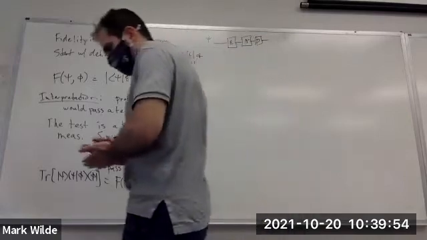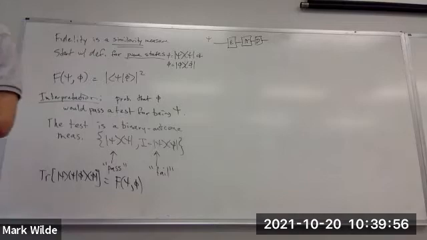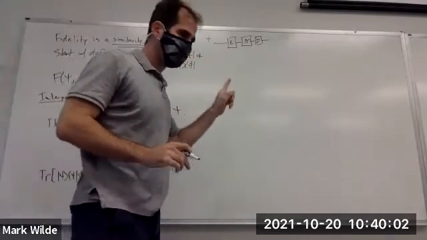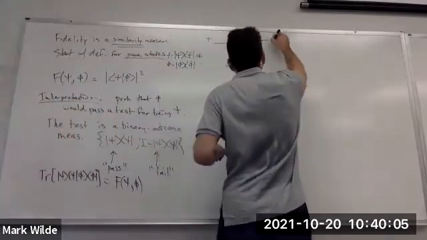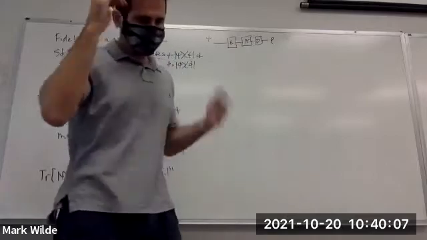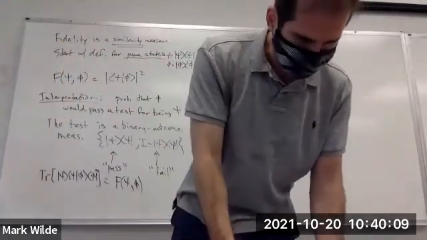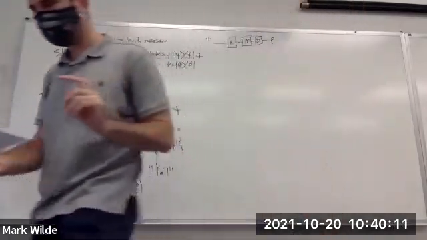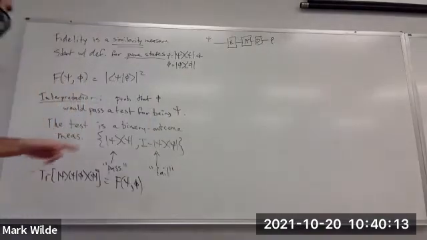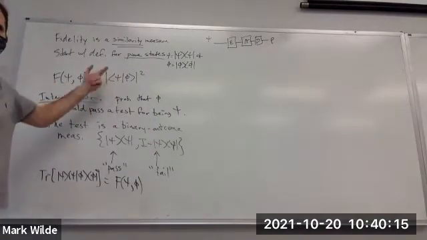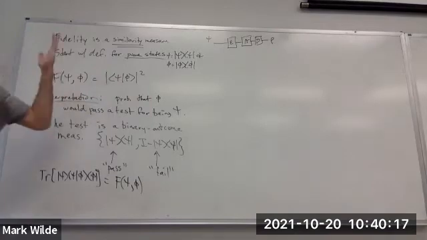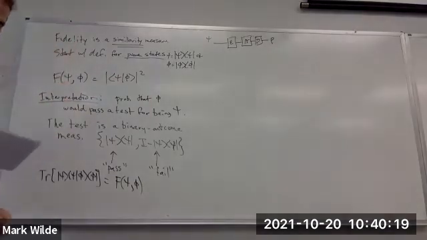Right, and technically we should probably wait a little bit to do this because the state of the output will be noisy, right? So this actually motivates the very next thing we're going to do. Okay, so let's just wait a second. Let's make a comment that the fidelity is symmetric. We can switch the arguments and it's the same. So that's a nice property.